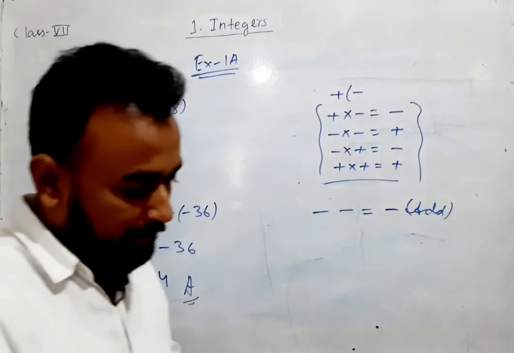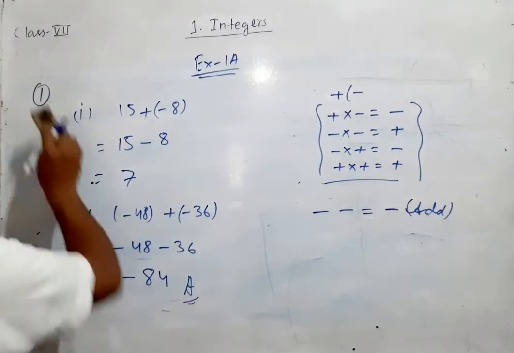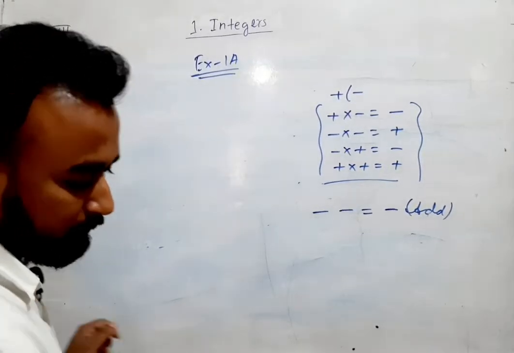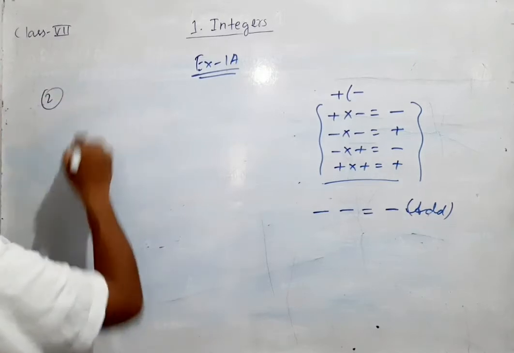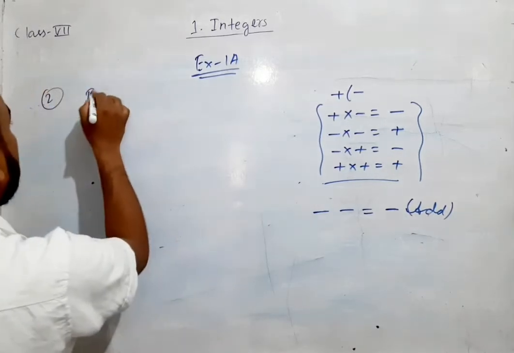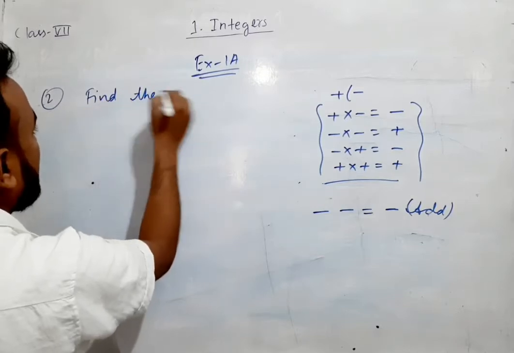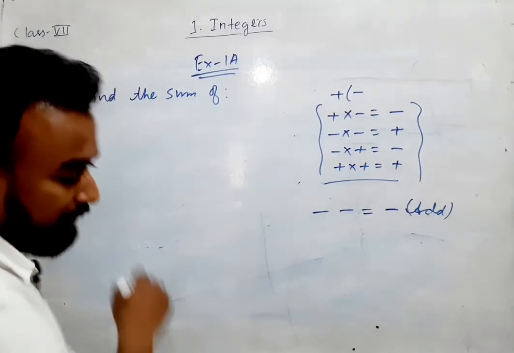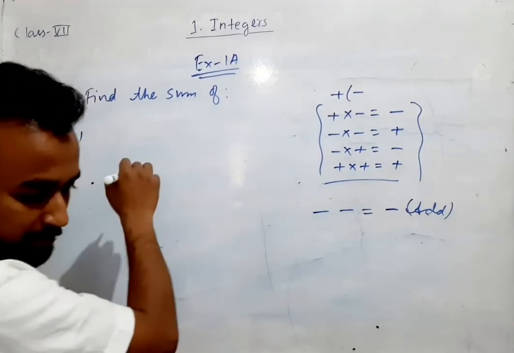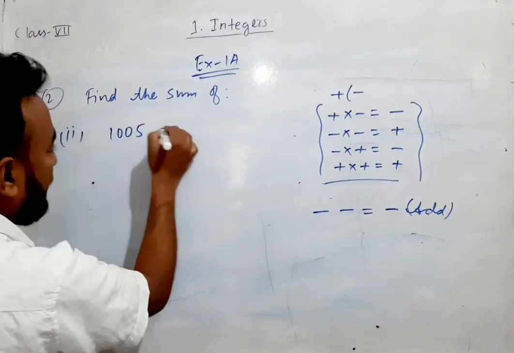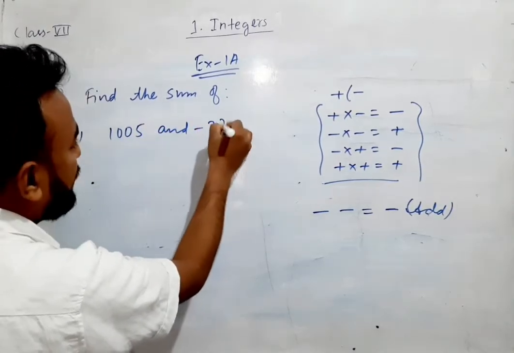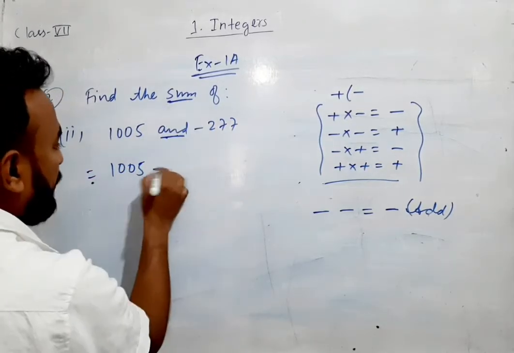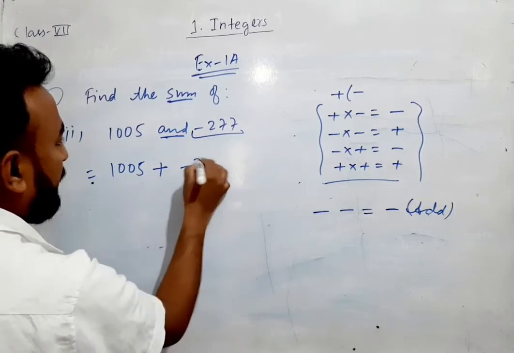So I am solving question number 2. In question number 2 you have to find the sum. Sum means addition. I am taking question 2 of part 2, which is 1005 and -277. 1005 and means you have to put a plus sign, and already here is -277.